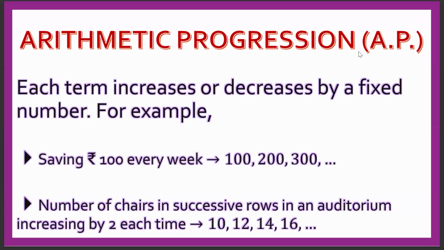The number of chairs in successive rows in an auditorium increasing by 2 each time means if we have 10 chairs in the first row, then the second row 12 chairs, third row 14. So the number of chairs increases by 2. So this is a pattern.